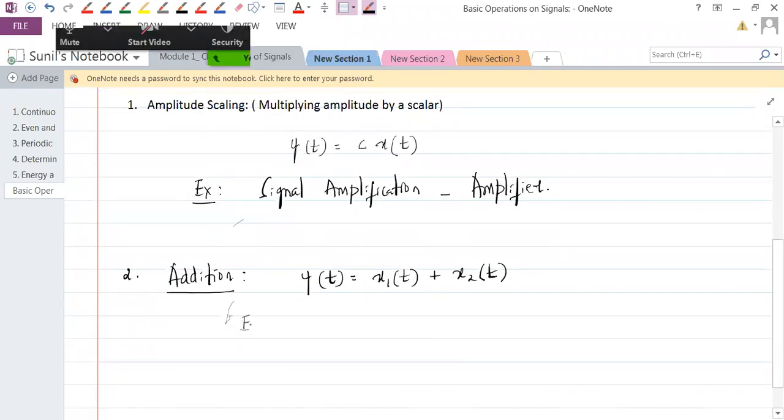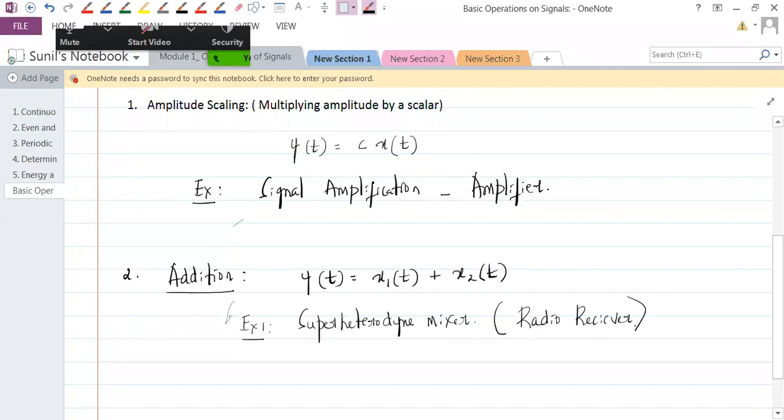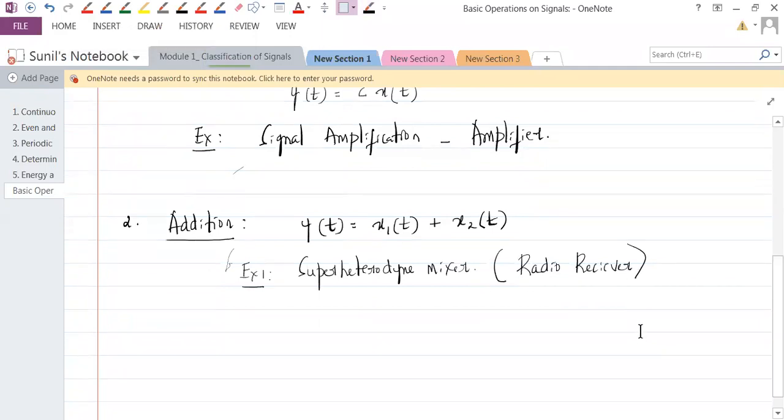Let me ask you. Example 1. Super heterodyne mixer. Where do you find this? You find this in a radio receiver. In radio receiver, what happens? You have the local oscillator.